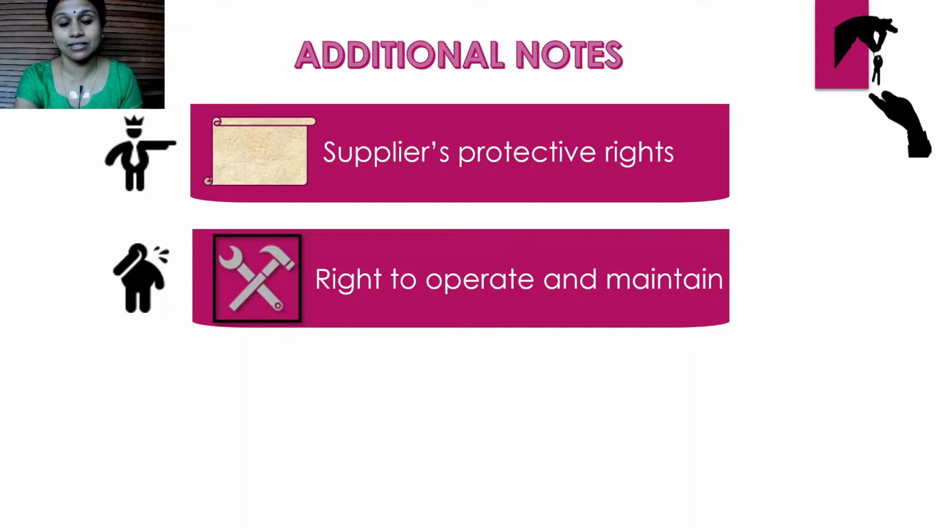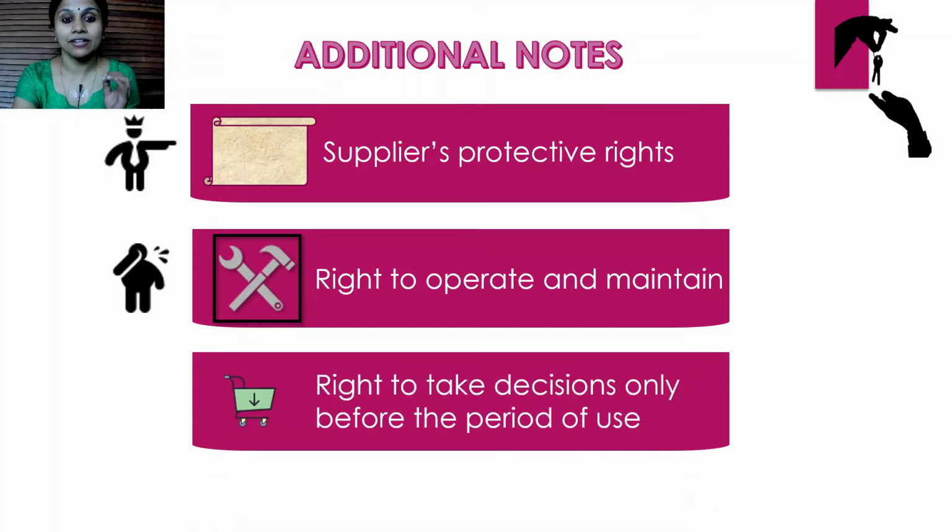Now, the third point is a wholly new one, and that is the right to take decisions before the period of use. For example, let us say our customer can tell the supplier, you must produce this output, this much quantity, and of this quality. He specifies that. Can we say that he has a right to direct the use of the asset?